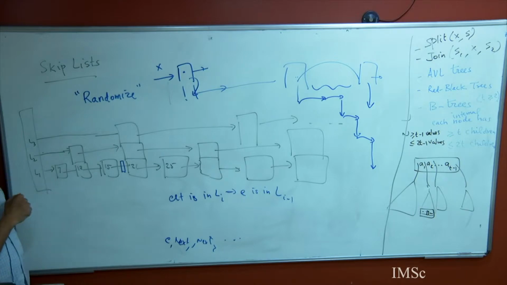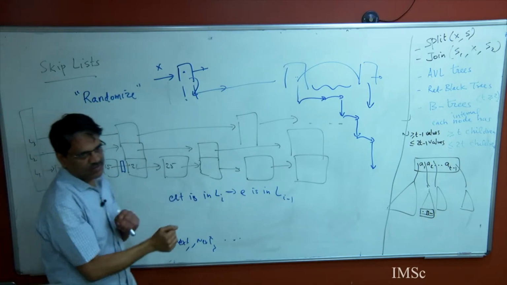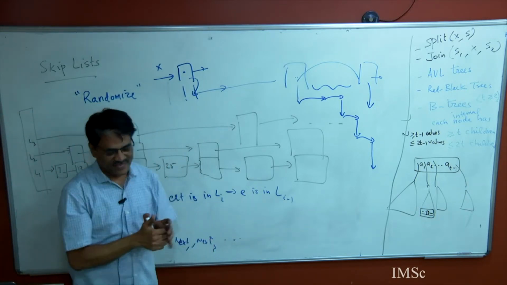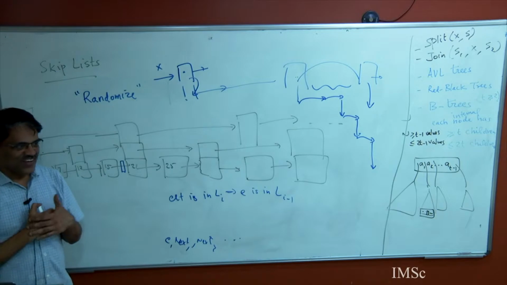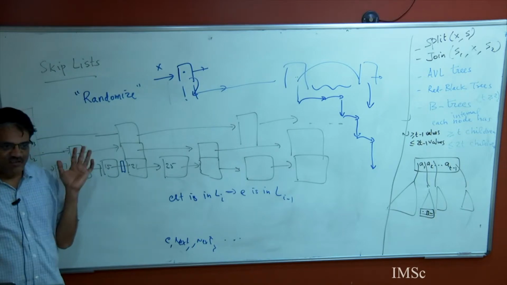Then for each element, independently, I will toss a coin. If it comes heads, I will add it to the next list. If it comes tails, I stop. So I keep tossing coins, adding it to the next list, and I do this independently for each element. So the insertion is now very simple.